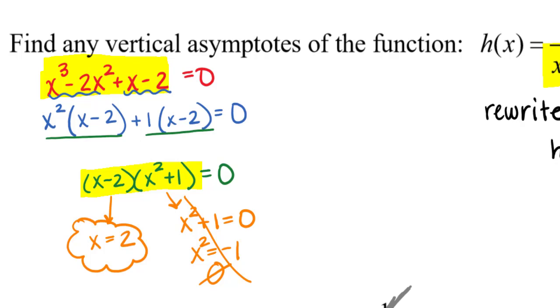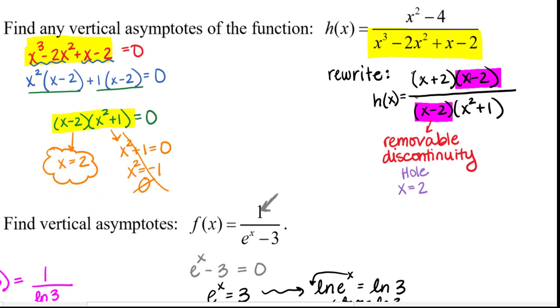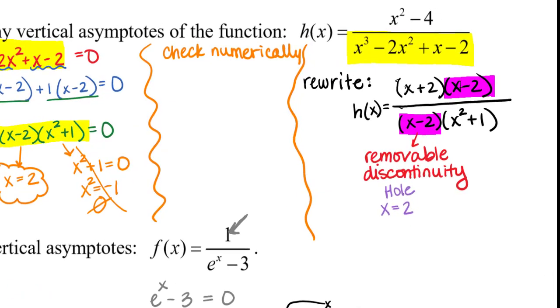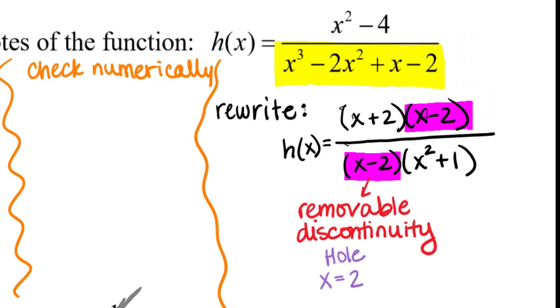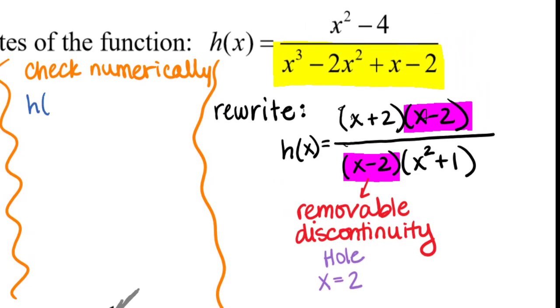All right, so if you're going back over here, I would think x equals 2 and maybe be done, right? I set my denominator equal to 0. So let's check it numerically. And what I would do to check this numerically is I would substitute in the value that I think is a vertical asymptote into my original function.